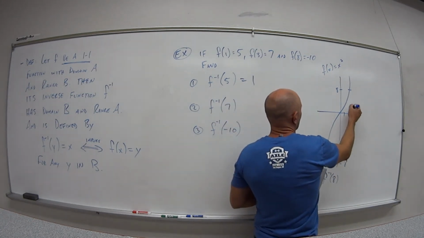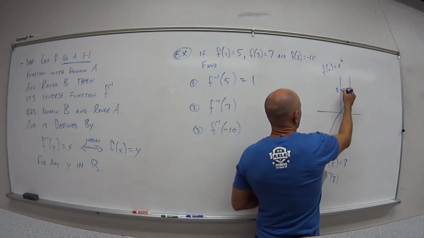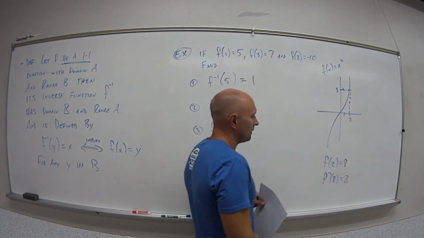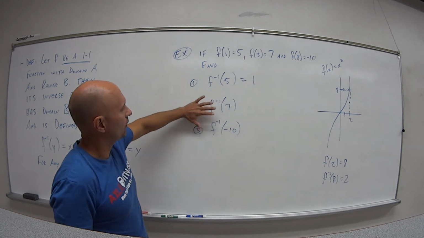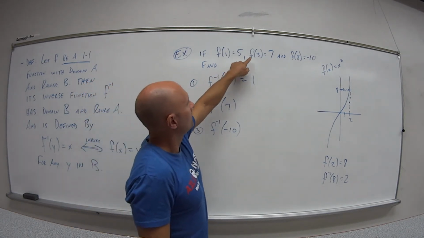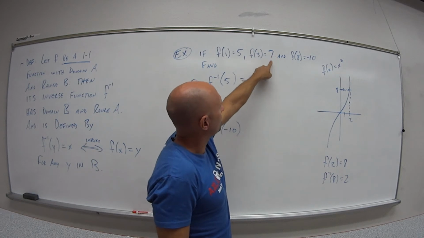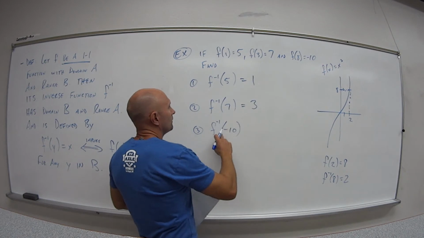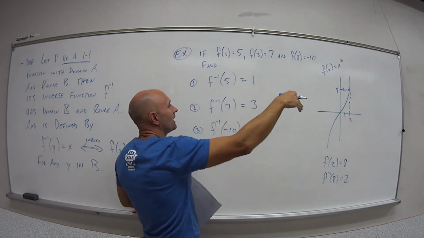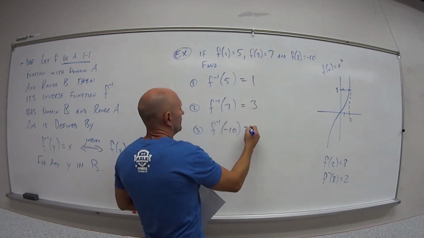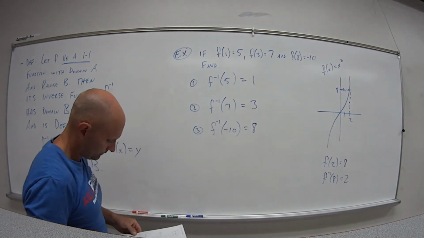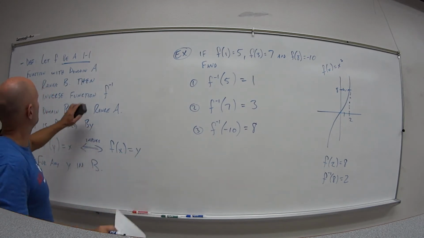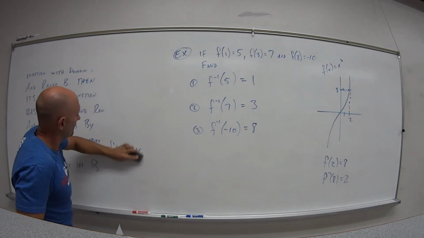Instead of going up this way and over, I'm now going to go this way, over and down, to find out what my value of x would have been, and therefore it's 2. And that's all these problems are saying. f of 3 is 7, so f inverse of 7 would be 3. And similarly, f of 8 is negative 10, so f inverse of negative 10 gives me 8. So that's, in its most simplistic form, the inverse function.